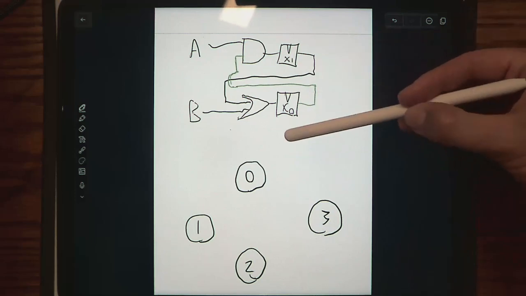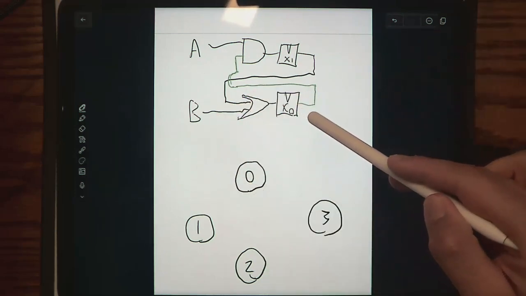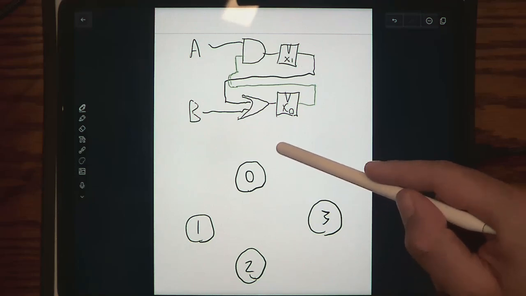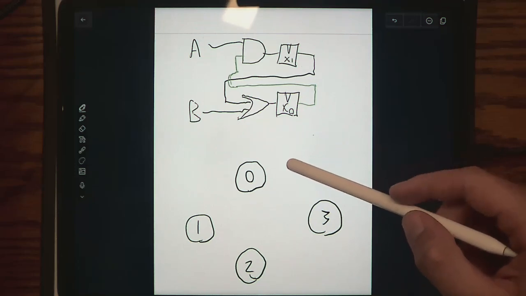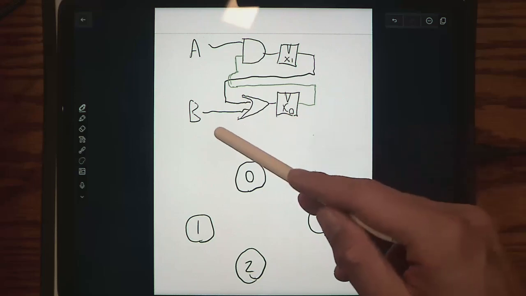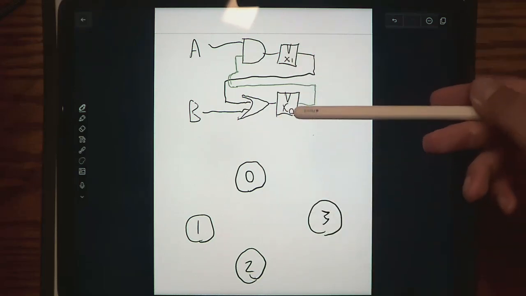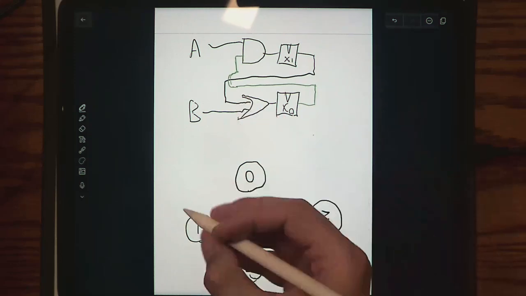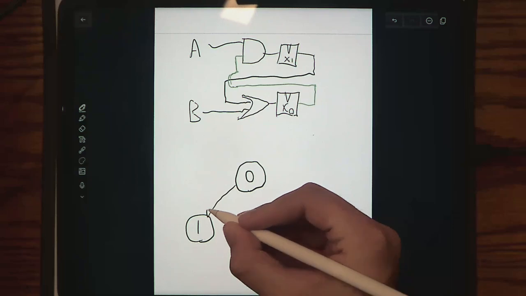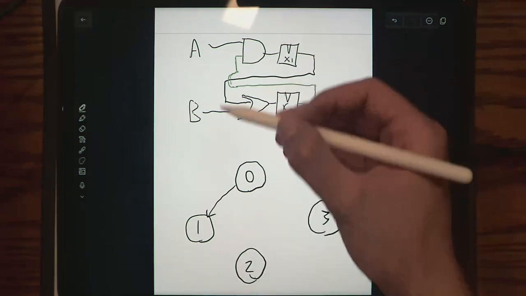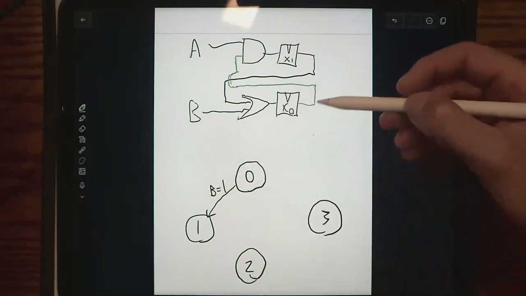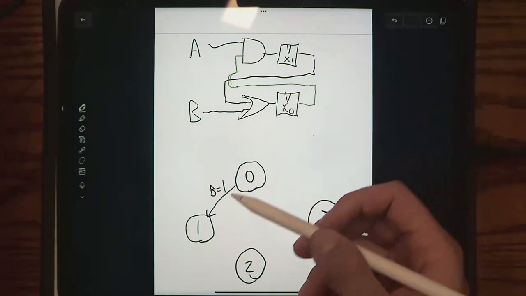What happens if B equals 1? x0 now will become 1. So what will this next state be, 1, 2, or 3? It'll be 1. So if we are currently storing 0, but we receive B equals 1, then we see that x0 will transition to state 1.